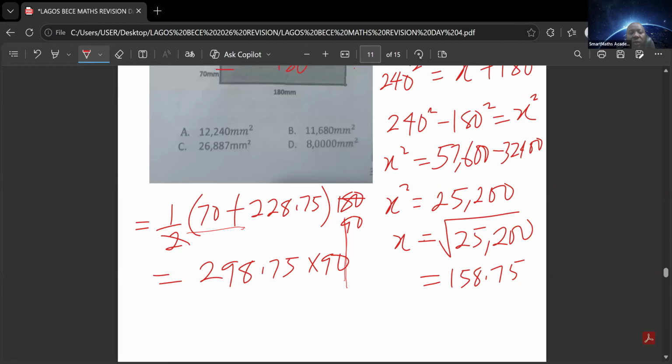So we have another one. This is under similar shapes. My screen is not showing again. Okay, sure. Similar shapes. What is happening?